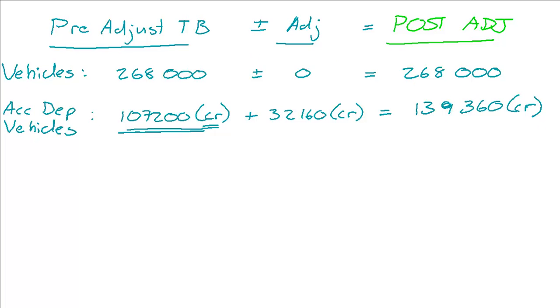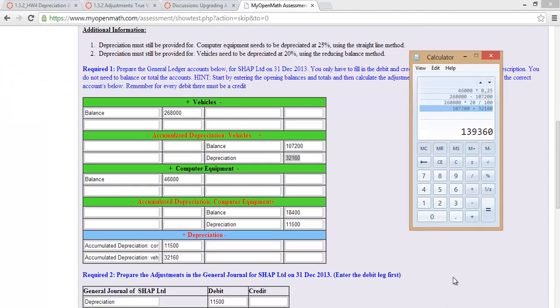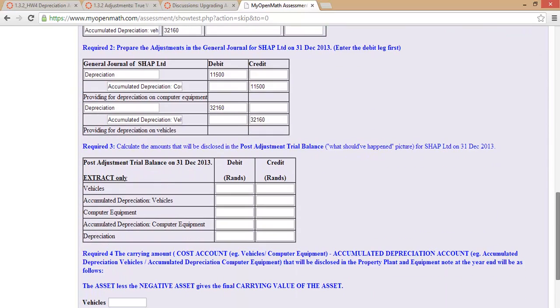You'll remember that the vehicles was 268,000 Rand, and that was a debit. So my post adjustment trial balance is also going to be a debit. Let's quickly fill that in. In my post adjustment trial balance, vehicles is 268,000. Accumulated depreciation on vehicles is 139,360 on the credit side.